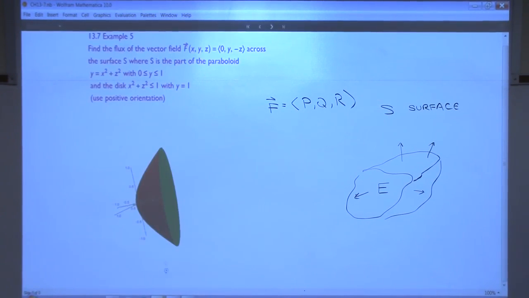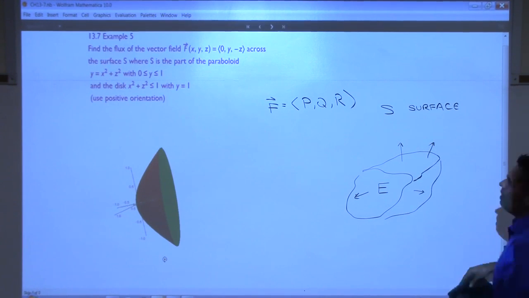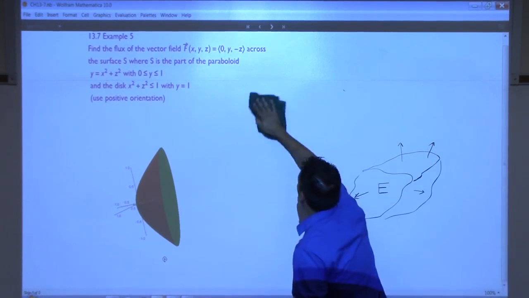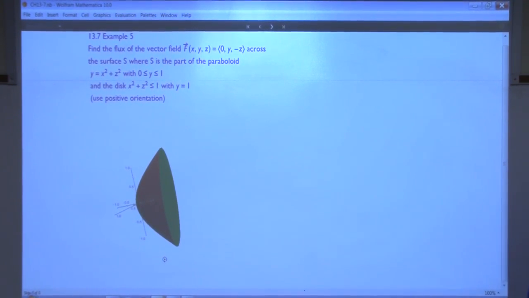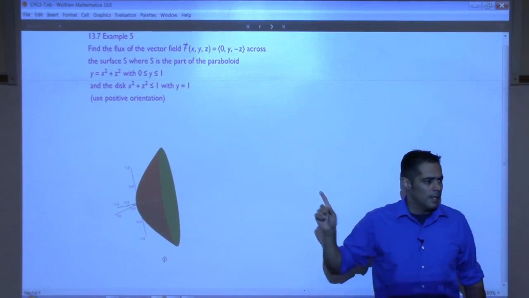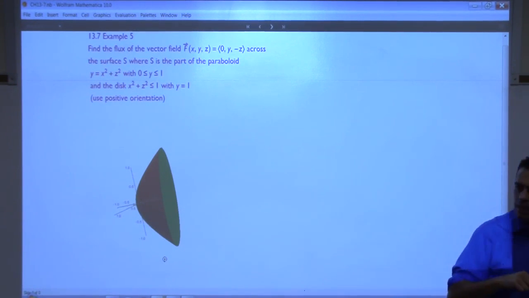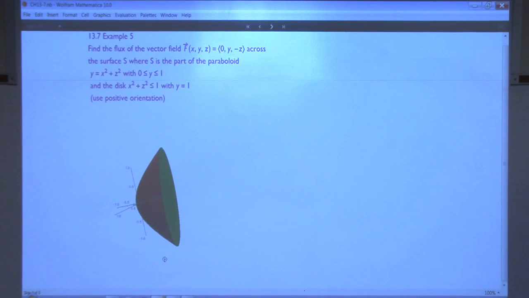I believe we did that at the beginning of class last time. Does that look familiar? We were asked to find the flux of this. I went back and looked at the video, and it took me 17 minutes to do this problem in class. I'd like to try and do it with this new theorem, if I can.